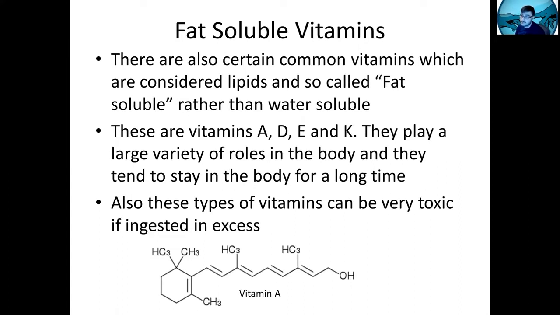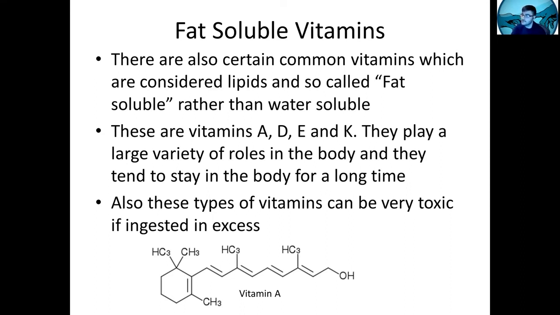Another type of lipid that we want to talk about is fat-soluble vitamins. These are very, very common in biology. You've probably taken some very recently, either in your food or as supplemental tablets. They're called fat-soluble, and they're considered lipids, right? Because remember, like dissolves like.